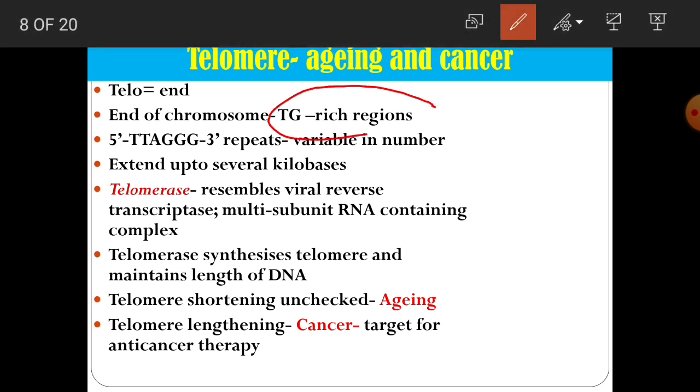This is the characteristic feature of telomeres, and usually there are 5' TTAGGG 3' repeats. I had told you that 5' to 3' polarity will always be maintained whenever we read the sequence. These repeats in variable numbers will be present at the end, that is the telomere. They can extend up to several kilobases.